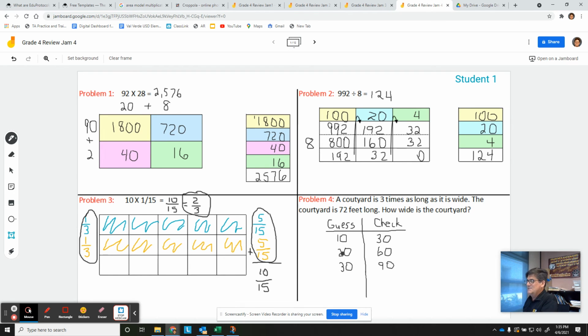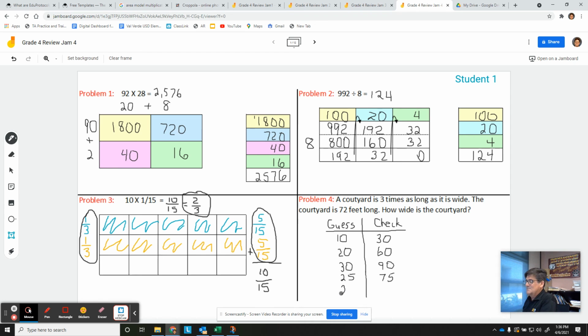So it has to be between 20 and 30. So my next guess between 20 and 30 will be 25. And that will give me 3 times 25 is 75. Okay, that's almost right, but not quite. I need less, so a little bit less.